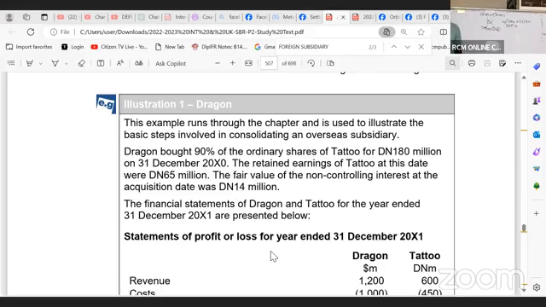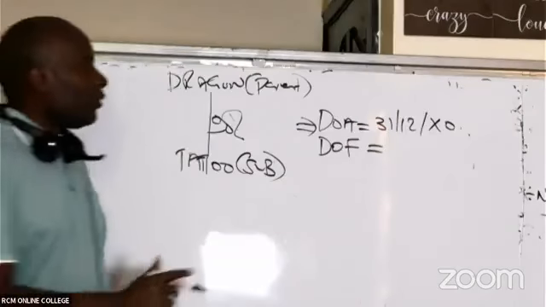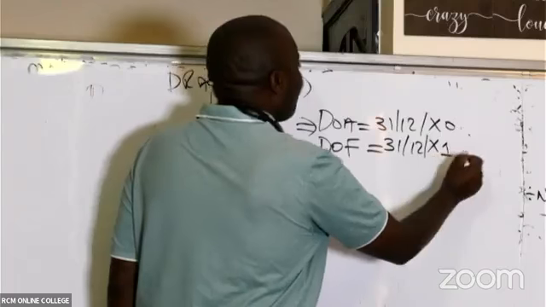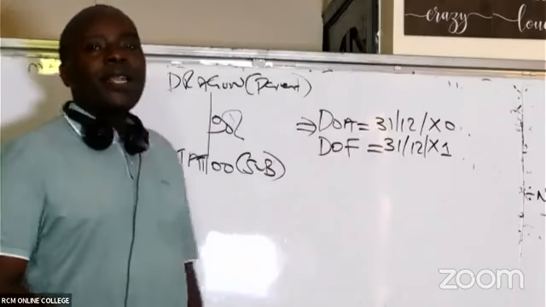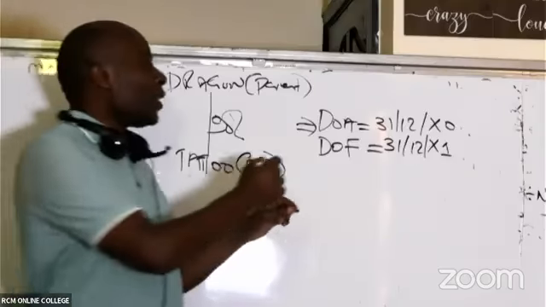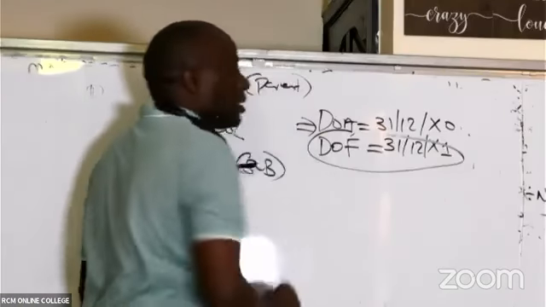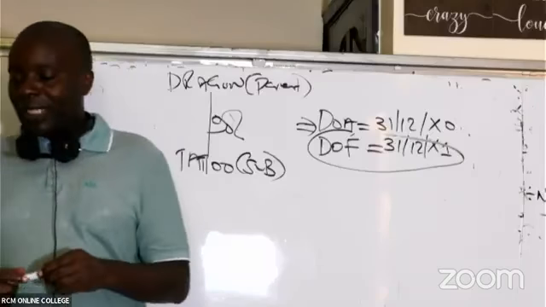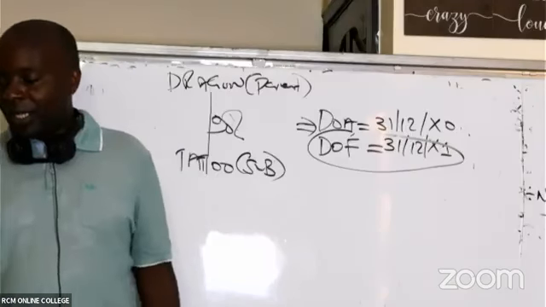You can see the statement of profit or loss is dated 31st December X1. So could you kindly tell me, how many months did we stay with this subsidiary in the financial year? Remember, our financial year ends here. How many months? Can someone do the counting?